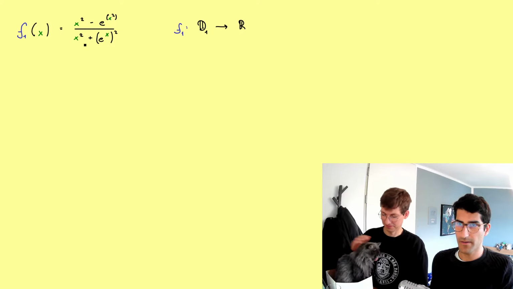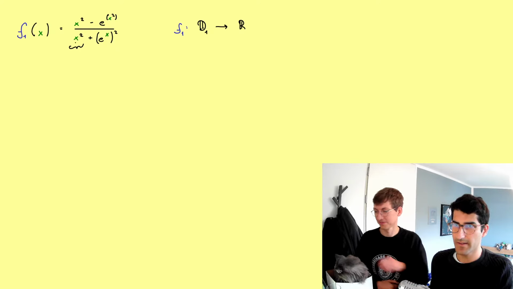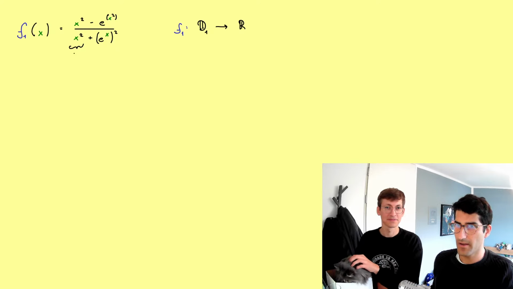So what we can see here is that no matter what we plug in, x squared, as it is a square, will always be greater or equal than 0. And e to the x, and then also the square, will always be strictly greater than 0.